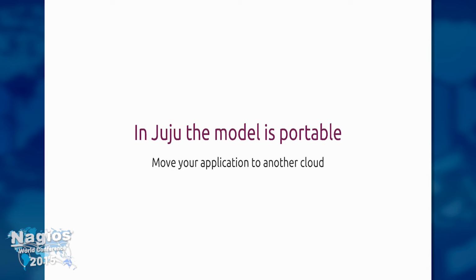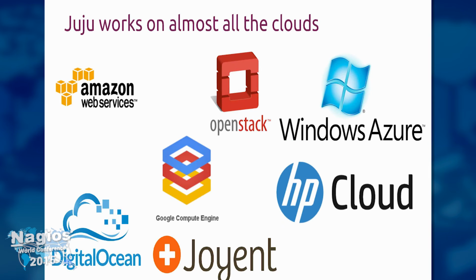All right, so in Juju, the model is portable. You can move your application to another cloud. Once you model your application or your solution in a bundle, you can deploy that to multiple different clouds. Here's an example. The demo was done on Amazon today, but I could deploy that same bundle to Google Compute Engine. If you have a private cloud on-premises, you can use OpenStack.